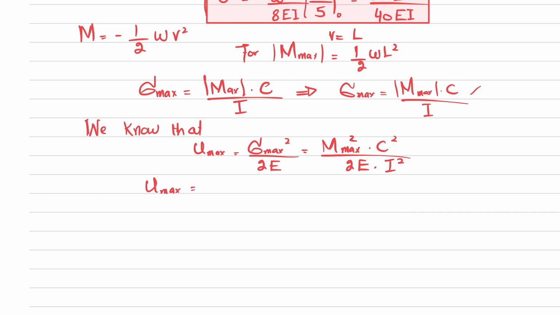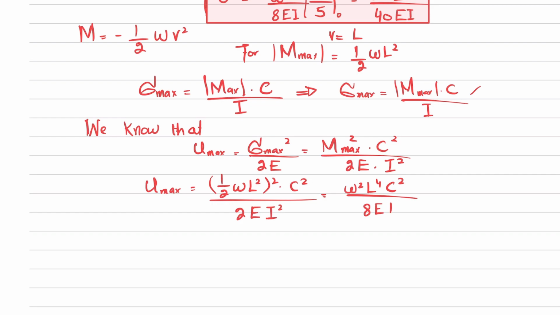So maximum bending moment is 1 over 2 WL square, so it's square into C square divided by 2EI square. So upon simplification you will get W square L4 C square over 8EI square.